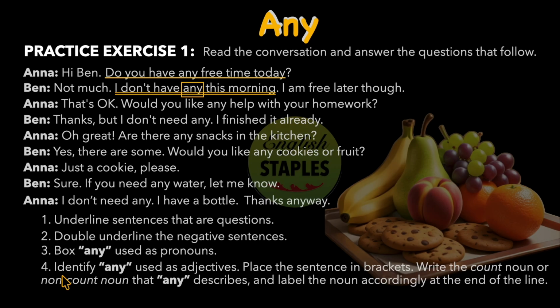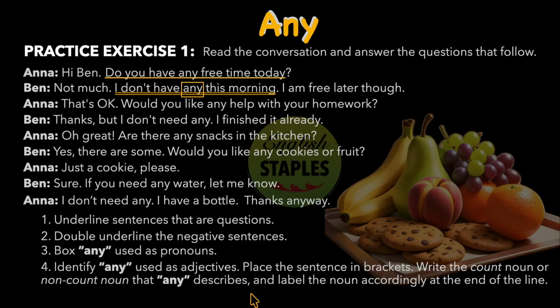Question number 4. Identify any used as adjectives. Place the sentence in brackets and then write the count noun or the non-count noun that any describes and label the noun accordingly at the end of the line. So we have a lot of things to do here.